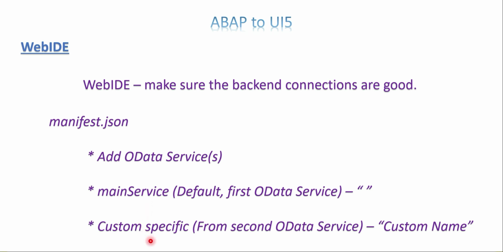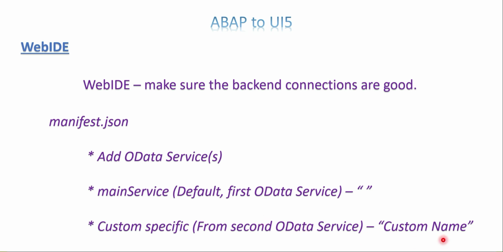From the second OData service onwards, we are going to give a name for that particular OData service, because with multiple OData services we need to get the data from OData service 1 and OData service 2. So we have to give specific names to make sure the data is coming from the relevant OData service. Very simple: the first is always default, and from the second onwards we need a name.